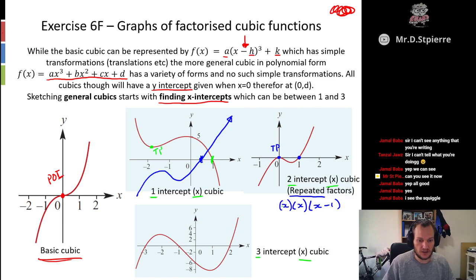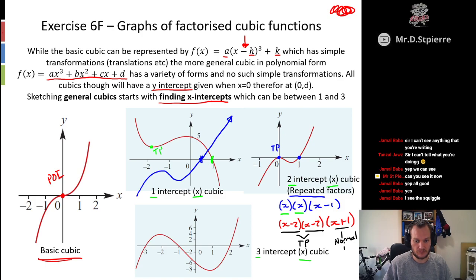The turning point is whenever we have two factors that are repeated. So we might also have something like x minus 2, x minus 2, x plus 1, whatever. Since we have two repeated intercepts, that repeated intercept is going to be a turning point, and then this third one will just be a normal intercept.